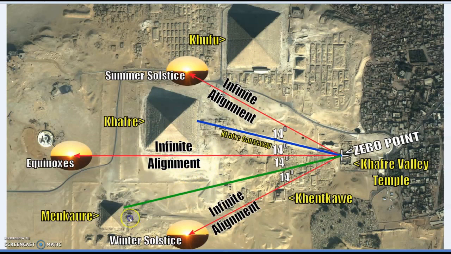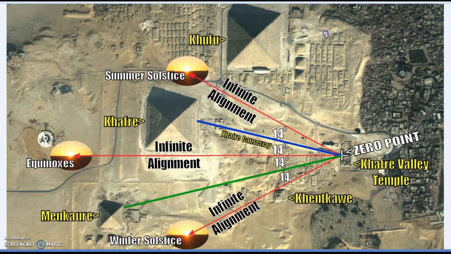Now, that angle I'll show again later. Just a correction, and I'll clear it up a bit later when I insert the image into the picture there. The causeway which comes off the Great Pyramid is also 14 degrees, but it's 14 degrees above true east, so it points to the midpoint between the summer solstice sunrise and the equinox.